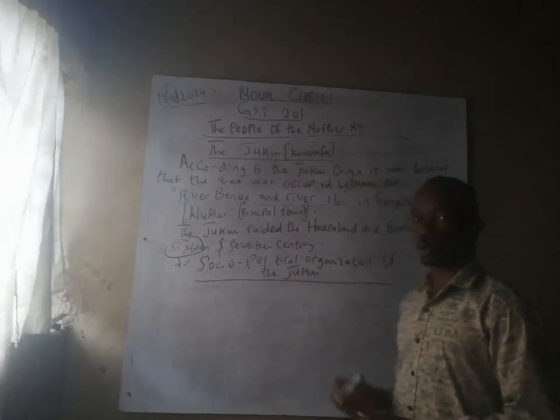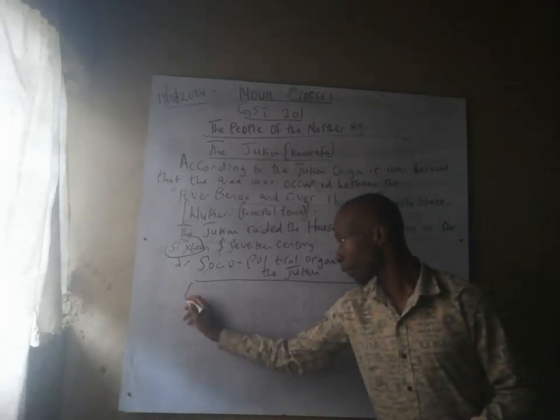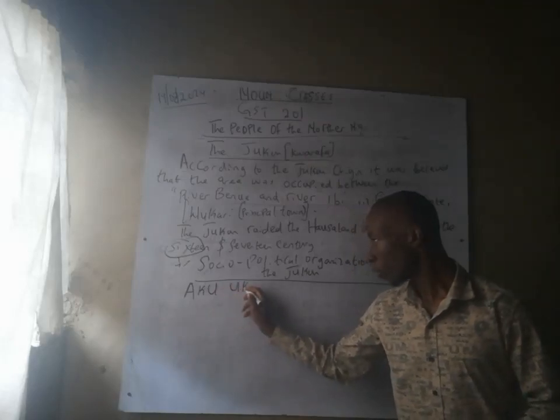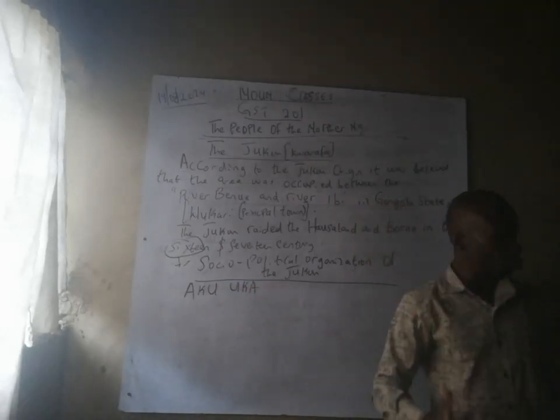Now, the Jukun state was large and seen as a confederation of people recognizing the religious supremacy of the Akuuka.